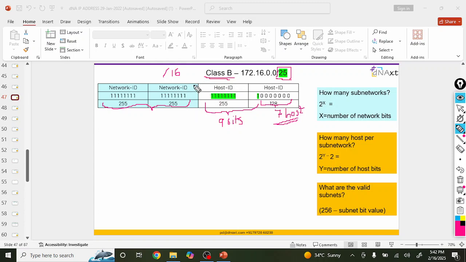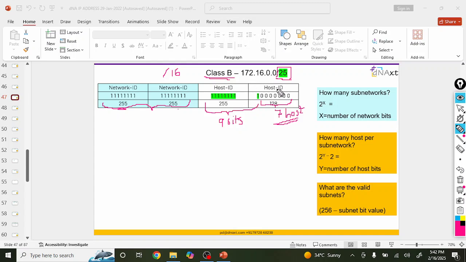Now let's discuss its subnet mask in decimal. In the first octet all bits are 1, so the value is 255. In the second octet also all bits are 1, so the value is 255. In the third octet also all bits are 1, so the value in decimal is 255.